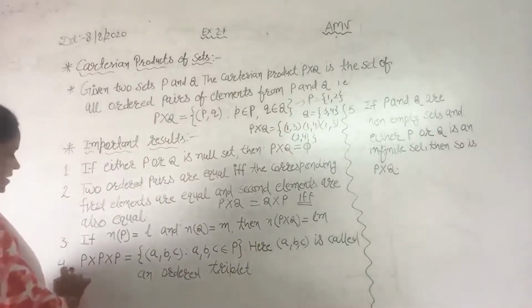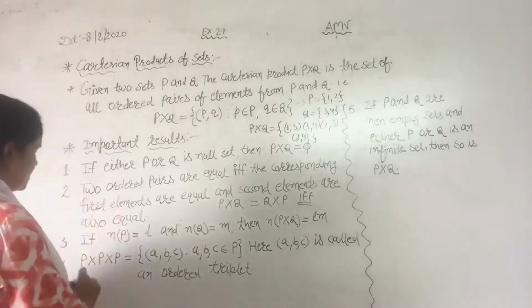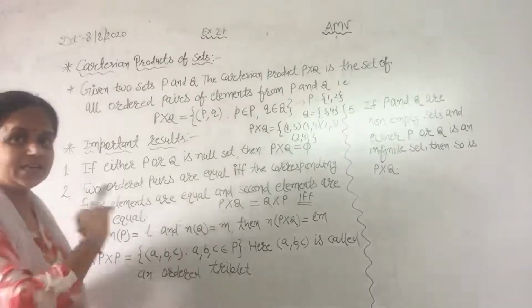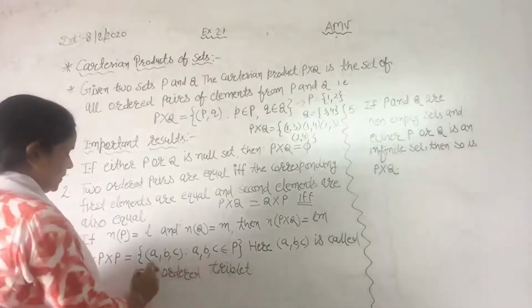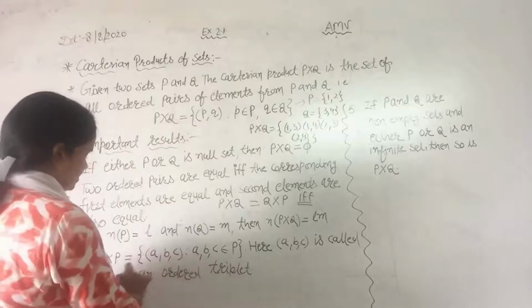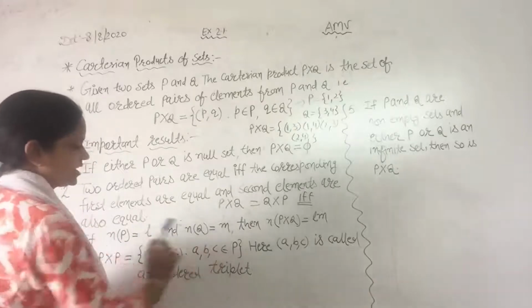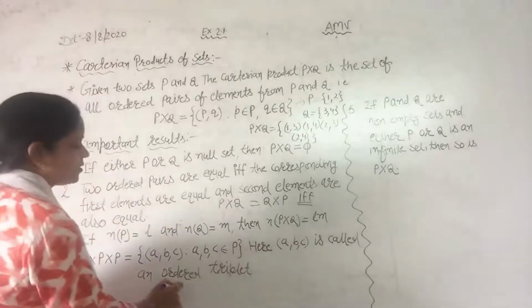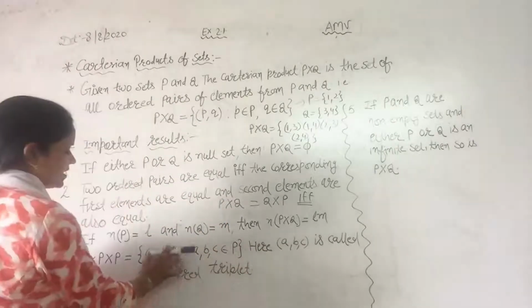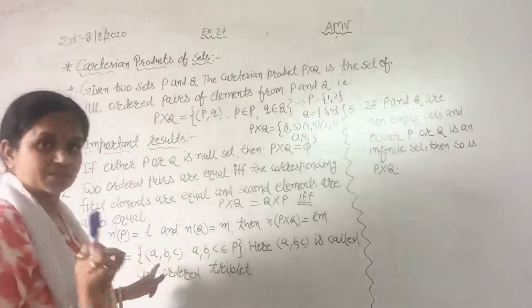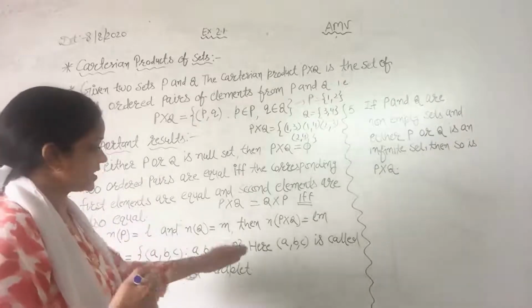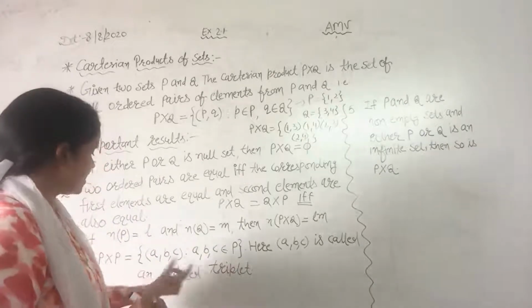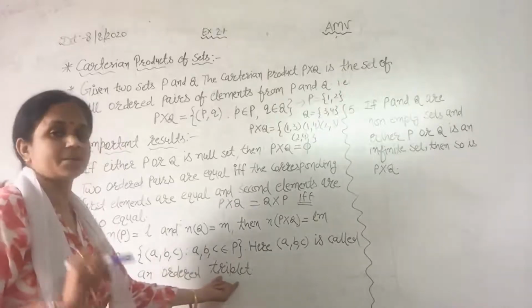Take the Cartesian product of P, P and P, 3 times. So the answer will be (a, b, c), where a, b, c belong to set P, and (a, b, c) is called an ordered triplet. There are 3 elements a, b and c from the same set. That's why it is known as an ordered triplet.